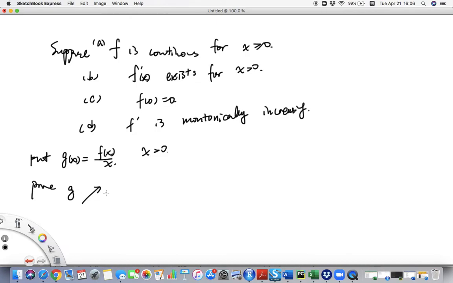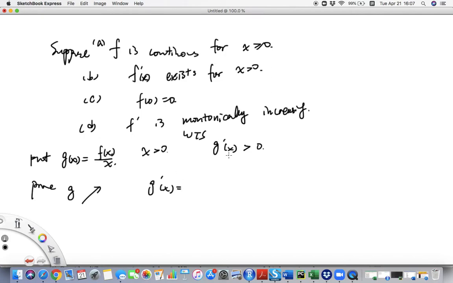Okay. So how do we show that g is monotone increasing? I want to show g prime of x is greater than 0. If we can show this, then g is monotonically increasing. So what is g prime of x?